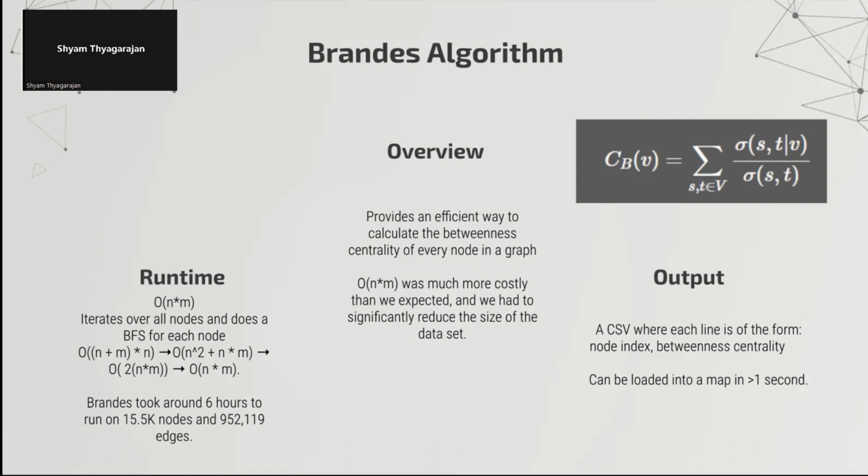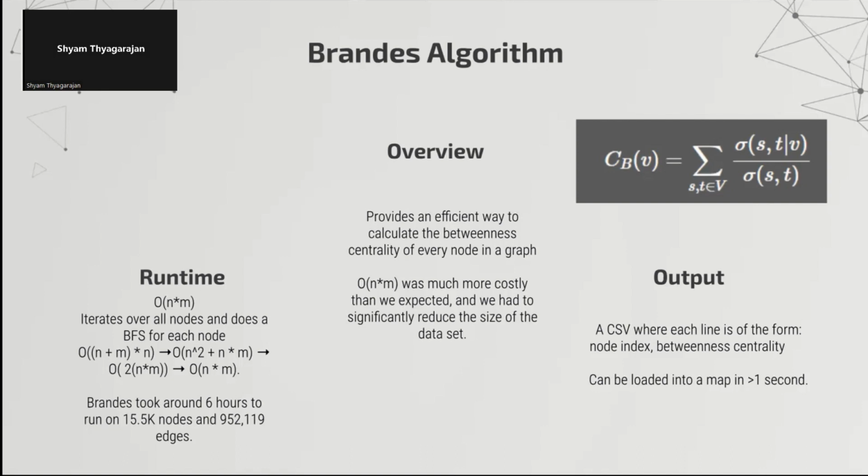In the denominator, we had sigma of ST, which is just the number of shortest paths between nodes S and T. Once this summation was applied for every single input, we generate this betweenness centrality map. The runtime for this algorithm was O of n times m, where n is the number of nodes and m is the number of edges.